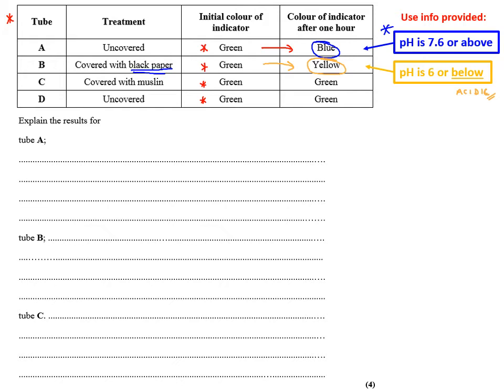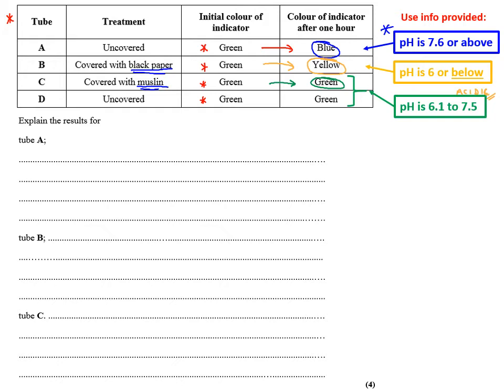Now in tube C, when the tube was covered with the muslin, to limit some light getting through to the aquatic plant, all wavelengths of light can still get through the muslin to the plant, just there's less of it getting through. We have a green colour indicator, as we had in tube A and B, and it remains a green colour after 1 hour. We know from the information that green is pH 6.1 to pH 7.5, which is in between the blue colour, above 7.6, and the yellow colour, below pH 6.